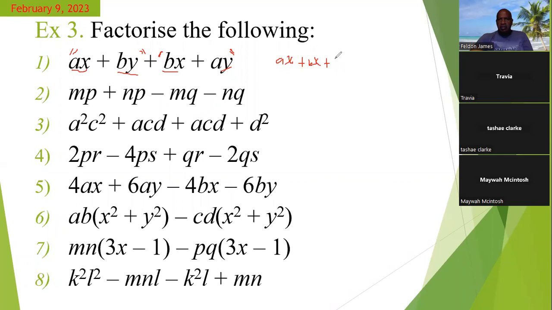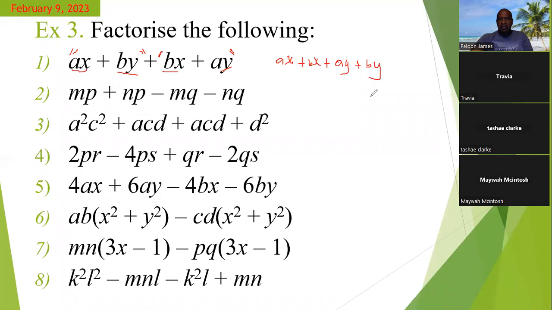Once we have rearranged the terms, we have common factors for each pair. So we have AY plus BY.